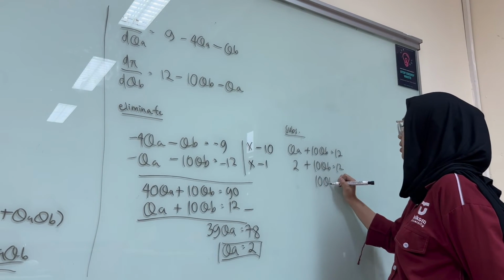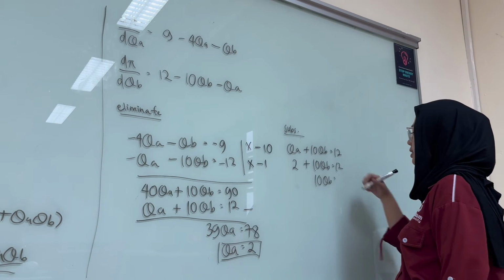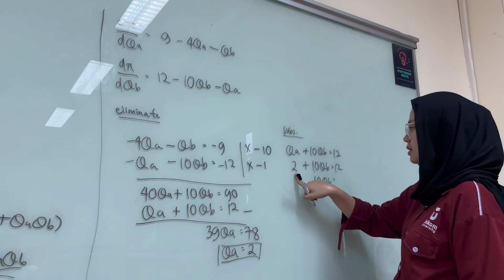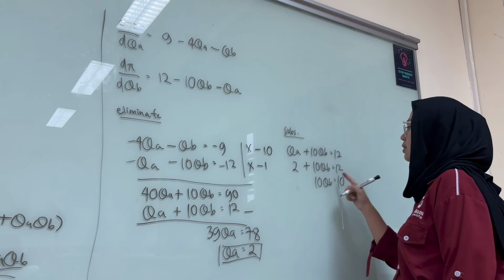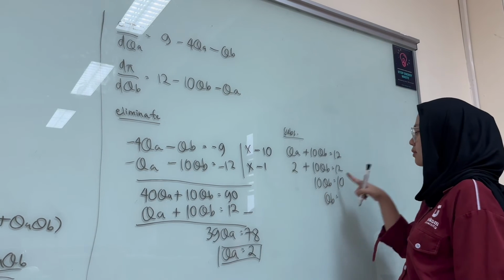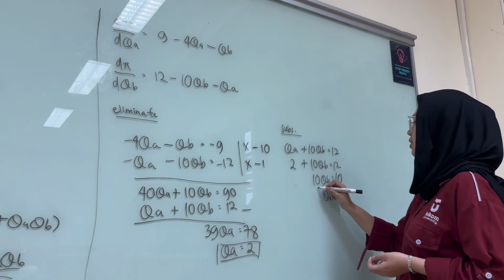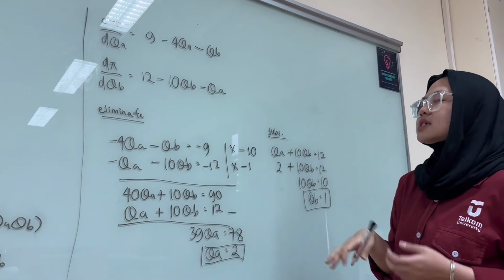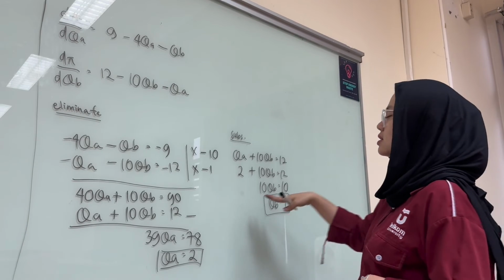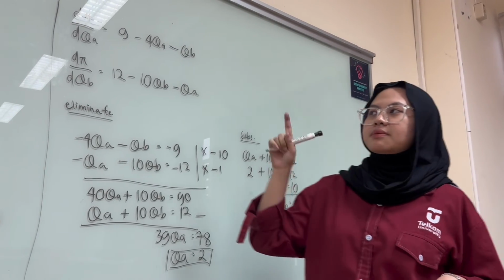We move the 2 to the other side, so 10 QB equals 10, and we divide 10 by 10, and the value of QB is equal to 1. So this will be the maximum value for quantity A, and this will be the maximum value of quantity B.